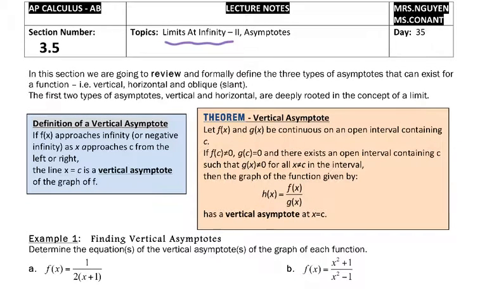Alright, this is the official calculus definition of a vertical asymptote. We know from pre-calc that a vertical asymptote is just a line that a function approaches but does not cross, a vertical line that you approach but do not cross.